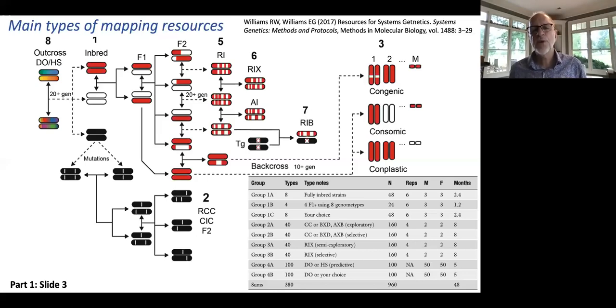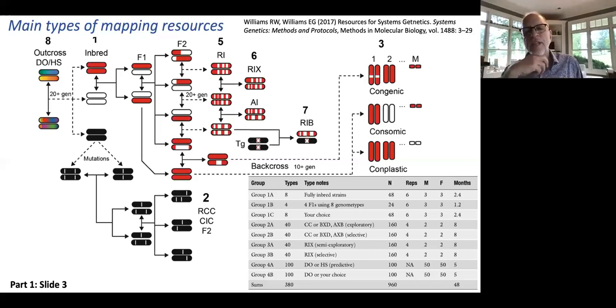Then some exploratory stages using, in this case, this was a mouse-centric article, collaborative cross, BXD, AXB, whatever. And then using more realistic models that aren't fully inbred, but are somewhat inbred, the recombinant inbred intercrosses. So these have a much lower inbreeding coefficient than standard inbred strains, obviously.